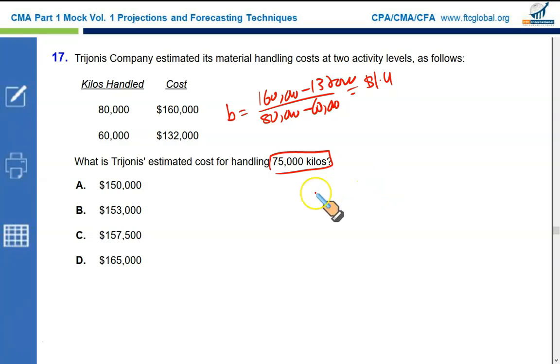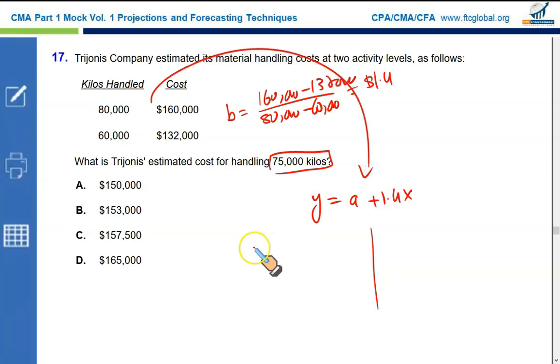Right now, the equation you have is y is equal to A plus 1.4x. X represents the kilos handled. I need to establish A. What is going to be A? It's your choice. If you use the first pair, you replace y with 160,000 and x with 80,000, with A to be determined and 1.4, and if you simplify, you'll get A as 48,000.